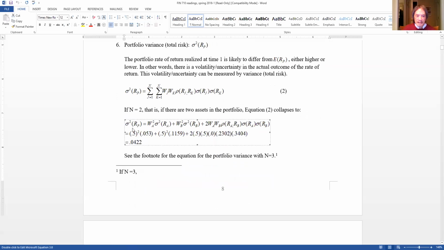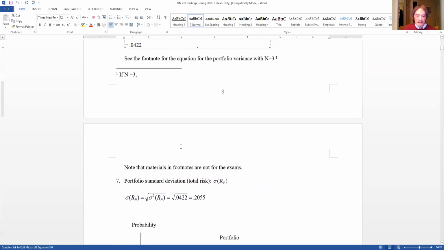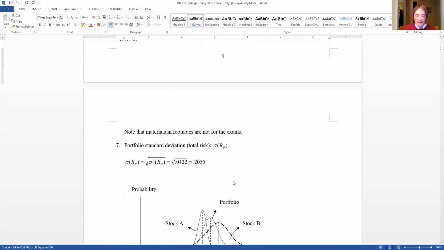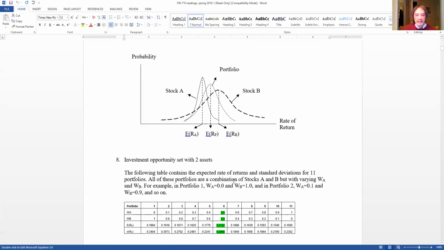So we calculate the variance based on these numbers. We get 0.0422. And then we take the square root of it to get a standard deviation, 0.2055. So with those numbers, we can discuss this topic, investment opportunities set with two assets.